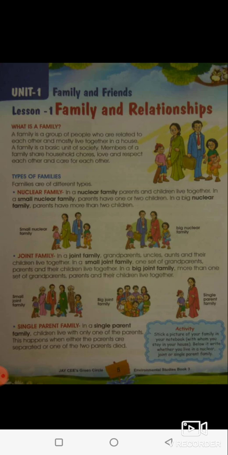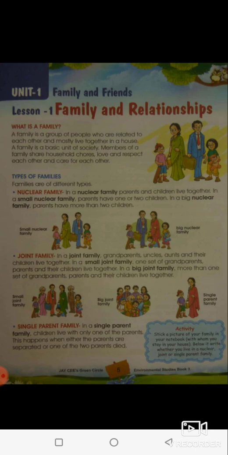Joint family, then we saw when we live with our grandparents and father, mother, parents and our brothers, sisters, we call it a joint family. In the joint family, we have a small joint family and a big joint family. Small joint family, one set of grandparents and parents and kids.